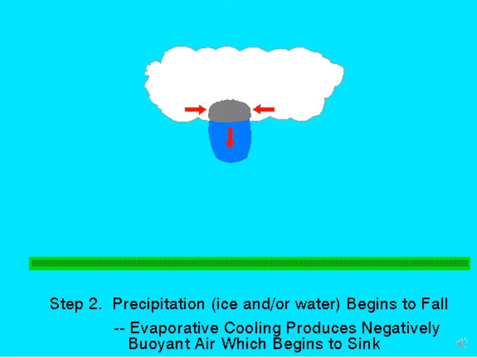And this precipitation, the ice and the water, is falling into a subsaturated environment, which is going to cause some evaporation or sublimation or melting, and the hydrometeors need energy in order to evaporate or melt or sublimate. They get that energy from the surrounding air, which cools the surrounding air and causes this air parcel to cool and to become negatively buoyant.